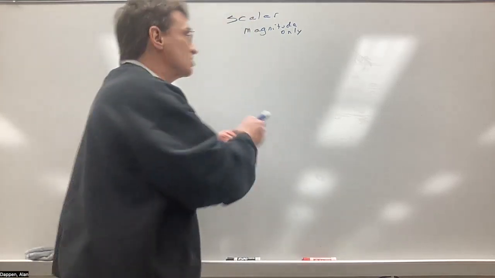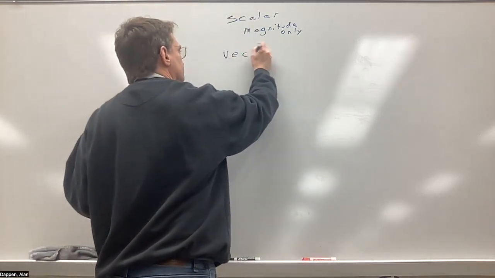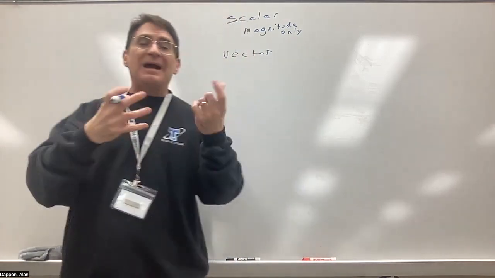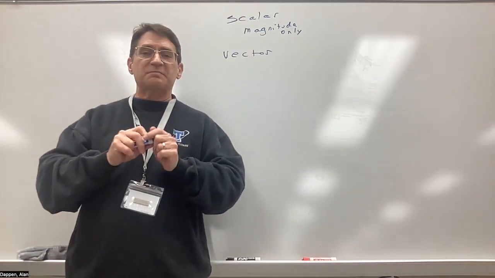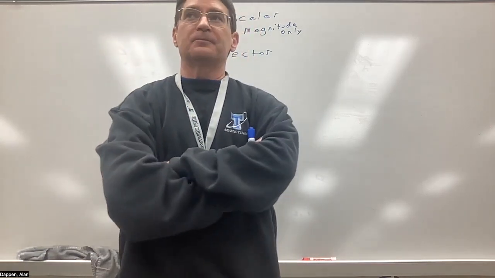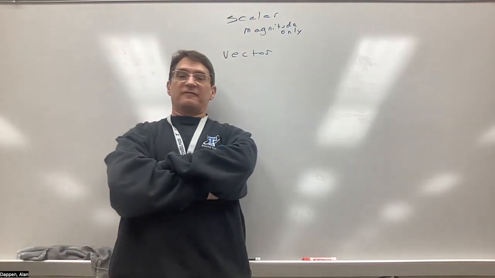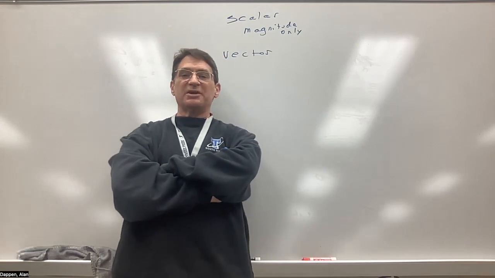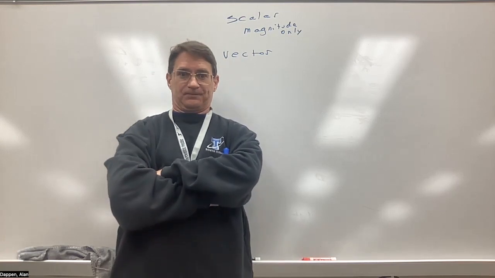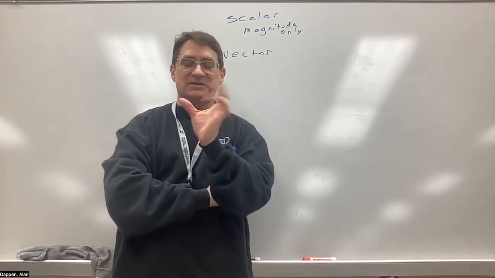The other kinds of numbers are vectors. A vector has magnitude and direction. You might recall the criminal vector in Despicable Me does crimes with magnitude and direction. The magnitude is the size of the vector.